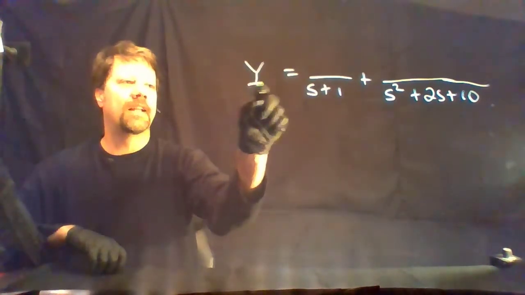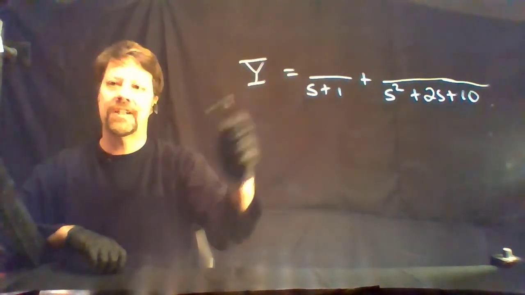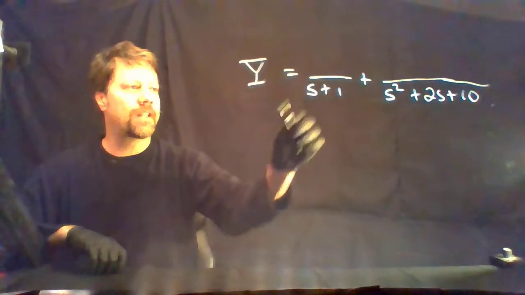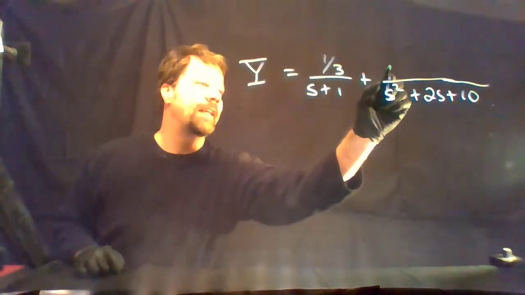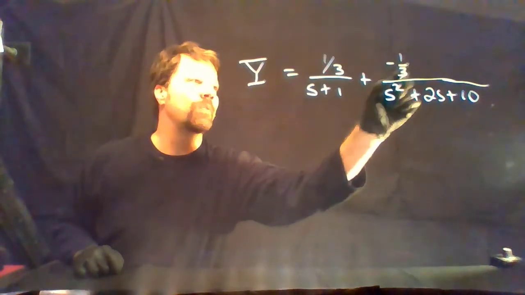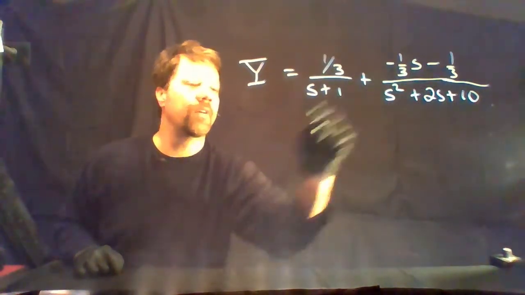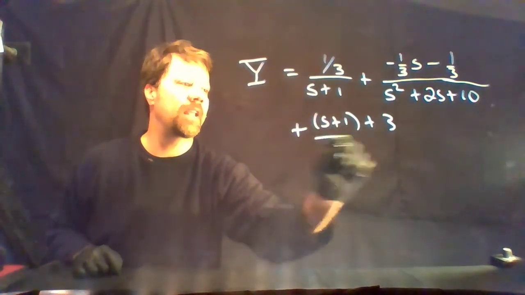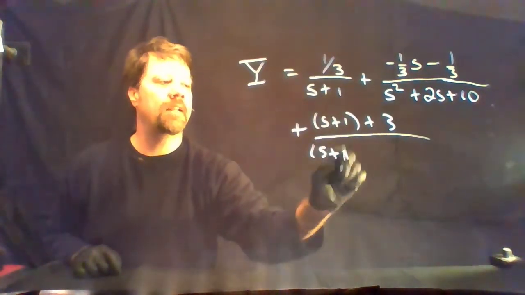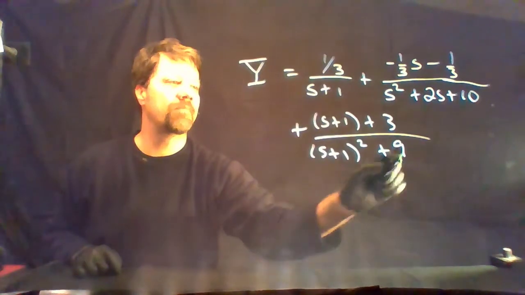It follows then that the Laplace transform of the solution function to the differential equation is 1/3 over s plus 1 minus 1/3 s minus 1/3 plus s plus 1 plus 3 over s plus 1 squared plus 9.